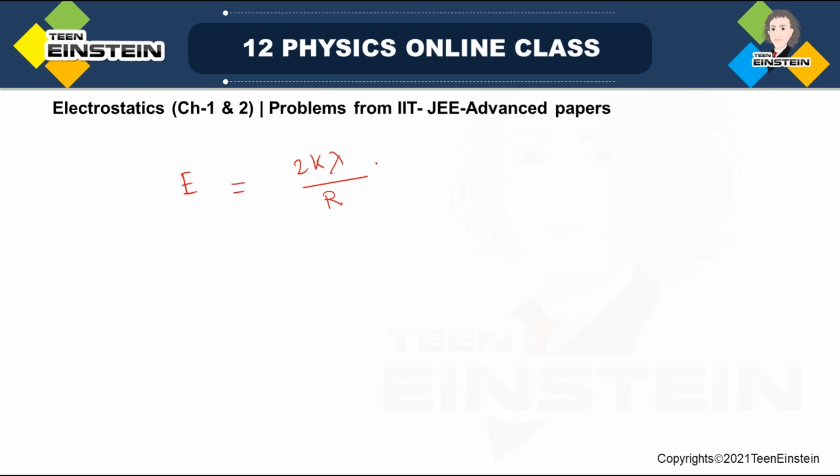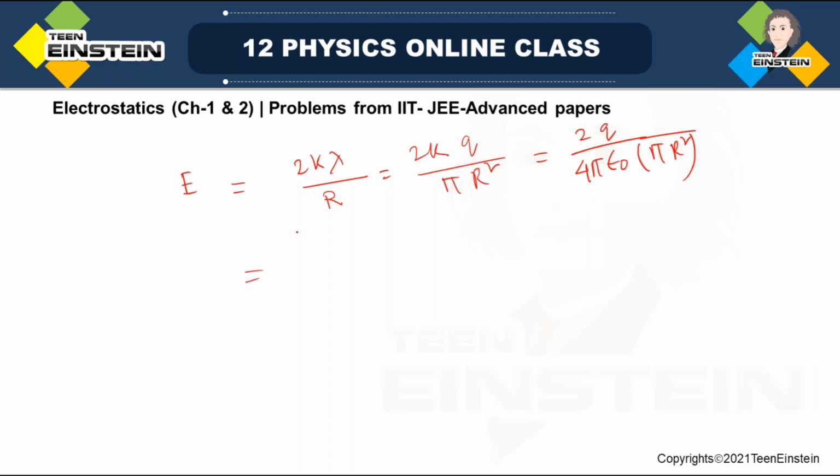So let us put the value of lambda: 2k, then q by pi r, so this is pi r square. I can write k as 1 by 4 pi epsilon naught, and here pi r square.